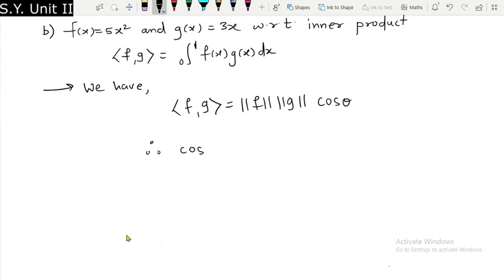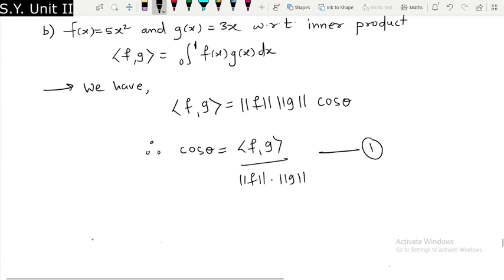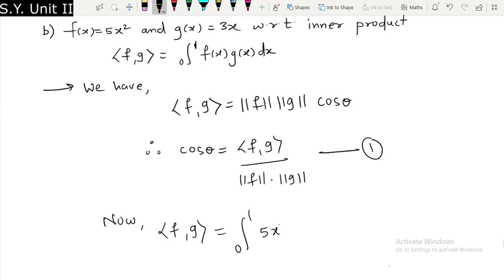Therefore my cos theta over here will be inner product of f with g upon norm of f multiplied by norm of g, and I am going to call it equation 1. First we will find the numerator and then we will go for the denominator. Inner product of f with g will be equal to integral from 0 to 1 of f of x g of x dx, where f of x is 5x squared and g of x is 3x. So let us go on solving it.